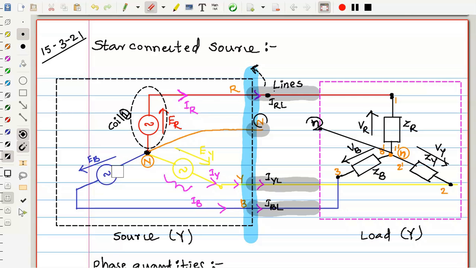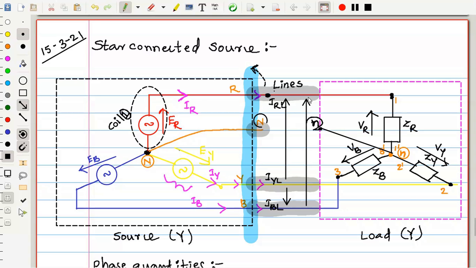Now, the voltage between any of these two phases may be like this: R2Y. Let me represent it here. So R2Y, I'm putting over here. This is one. Next is Y2B, second. Next is B2R.